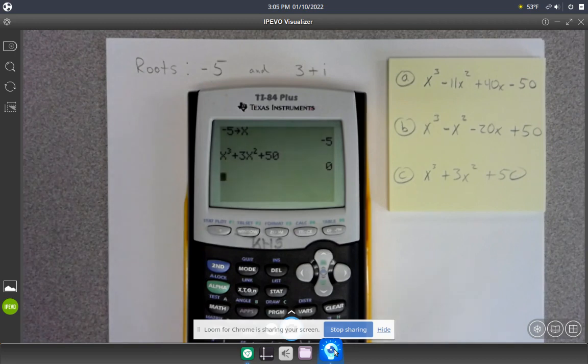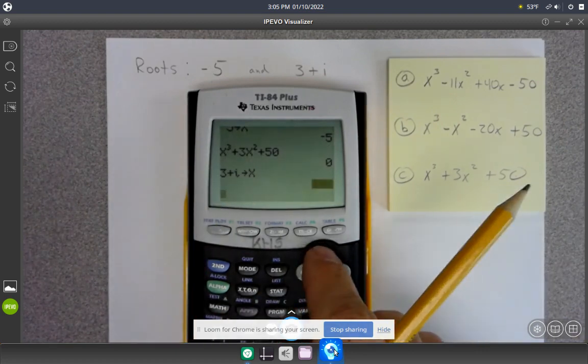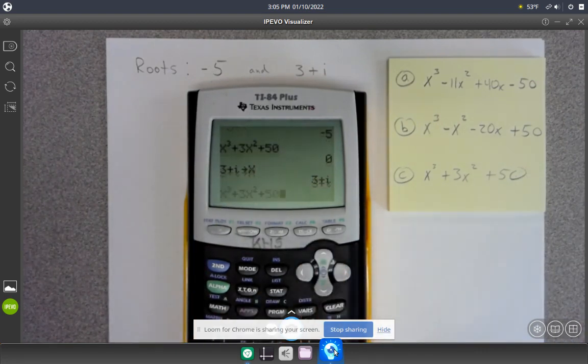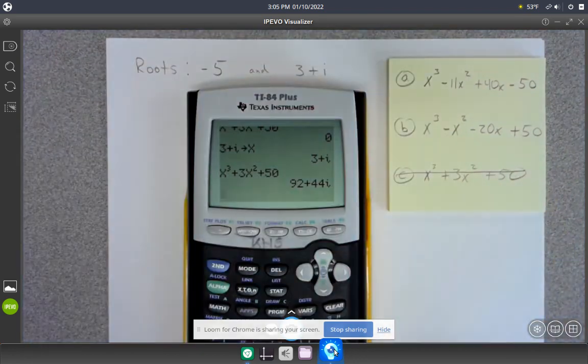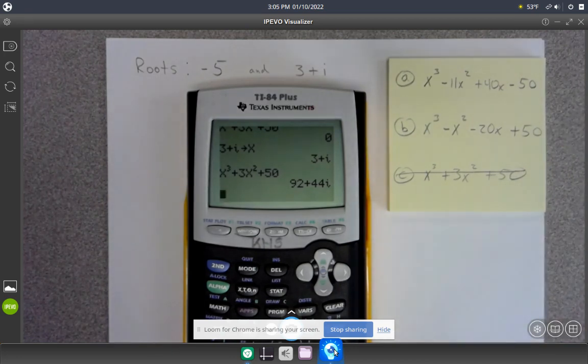So let me try that. 3 plus i, and I'll store that to x, and I'm just going to type that in again. Reevaluate that. And you see I do not get 0 out of this, all right? Something non-zero. So that means C does not have 3 plus i as a root.